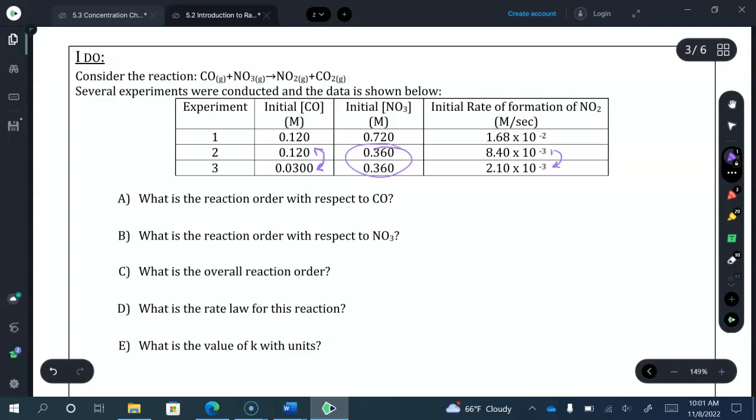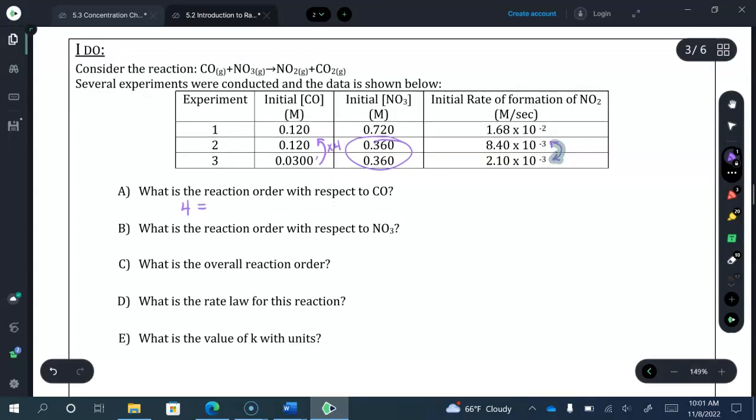It's easiest to go from 3 to 2. Oops, my apologies, can't draw today. Going from 3 to 2, we see that we multiply this by 4. So that tells us that we are quadrupling the concentration.